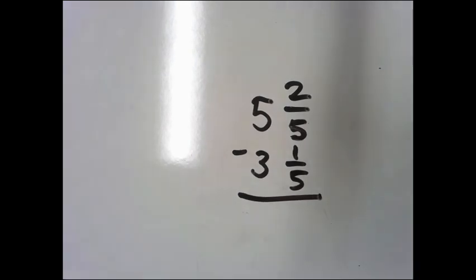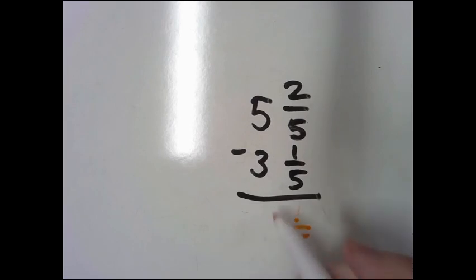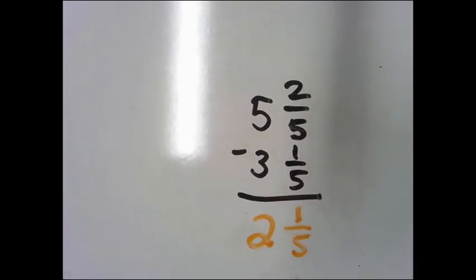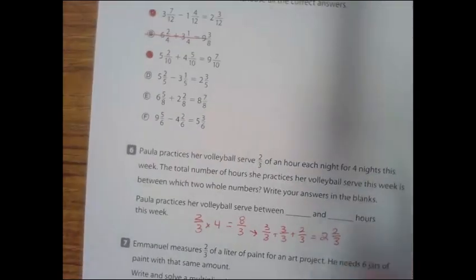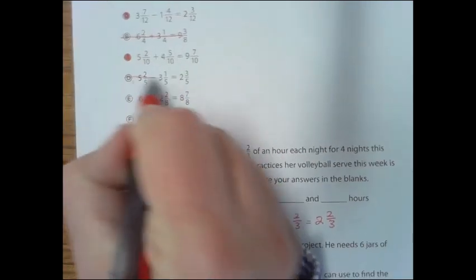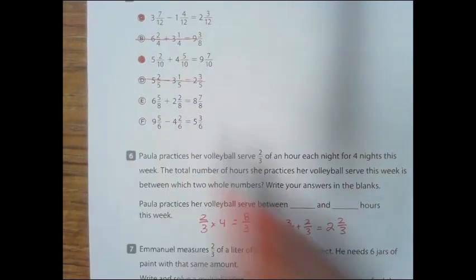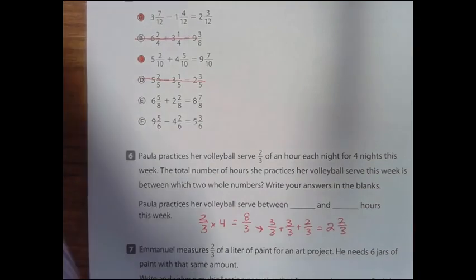So 2/5 take away 1/5 leaves you with 1/5. 5 take away 3 is 2. So the answer is 2 1/5. Where if we look at D, they're saying it's 2 3/5. So D is not correct. Cross out D. It's not true.